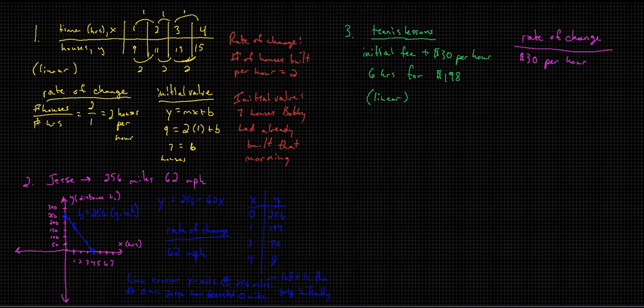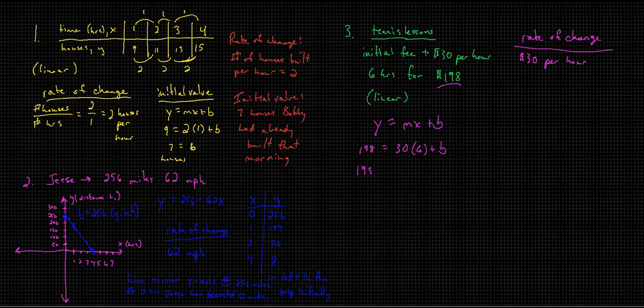And we're also asked to find the initial value. With that, we need to substitute and solve. So we know y equals mx plus b. We're given a y of $198 equals the slope, which is $30 per hour, times x, in this case 6, plus b.